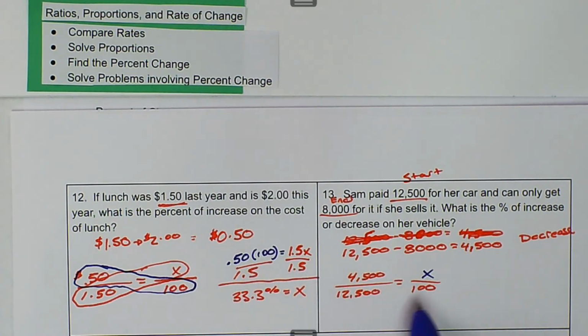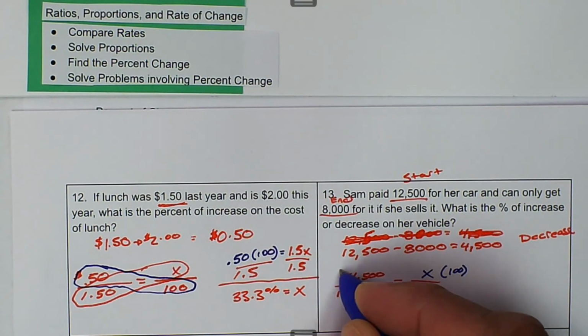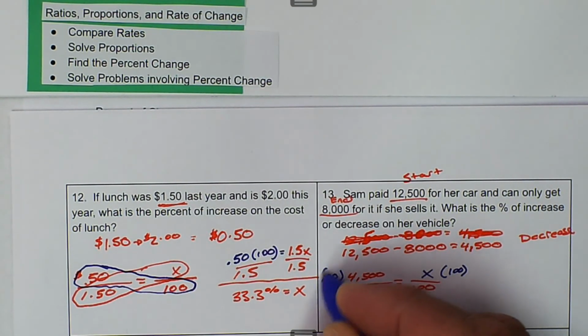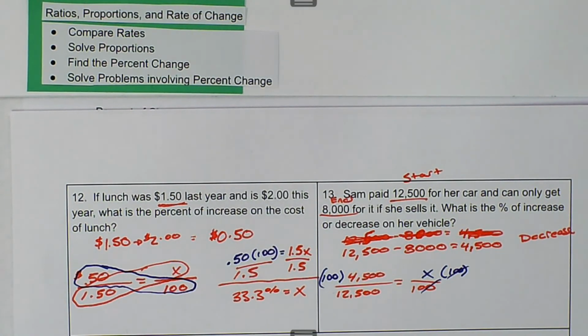So what could we do here to take one step away? How could we get X by itself? Multiply by 100. We have division, so if I multiply by 100 on both sides, that gets X by itself because those cancel.